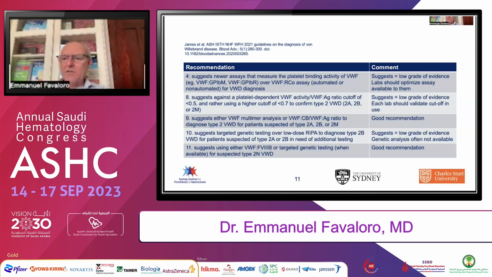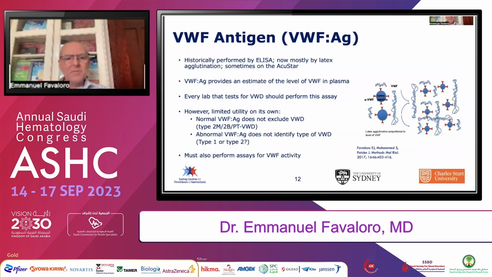We think that you can use RIPA analysis, and we actually use RIPA analysis and mixing studies ahead of genetic studies in our laboratories. And genetic studies are not always available in all countries. And they also suggest using either a factor binding assay or targeted genetic testing whenever available for suspected 2N von Willebrand disease, and we think that's a good recommendation.